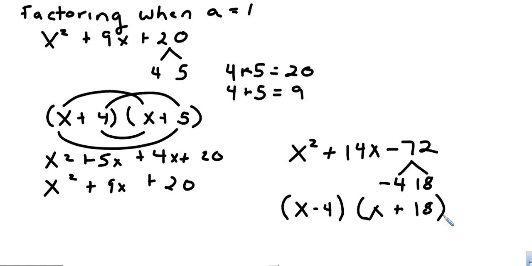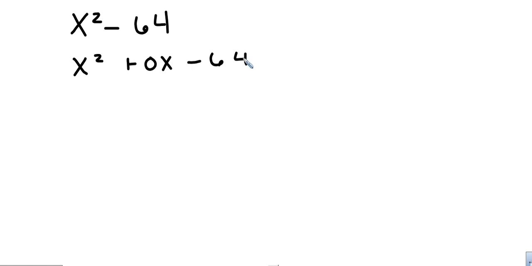All right, let's look at one that is just a tiny bit different, one where a is equal to 1, but in this case I don't have that center b term. If it helps you in the initial stages of learning this, you can rewrite that quadratic as x squared plus 0x minus 64 to remind yourself what we're trying to do in this quadratic: find factors of negative 64 which sum to 0.